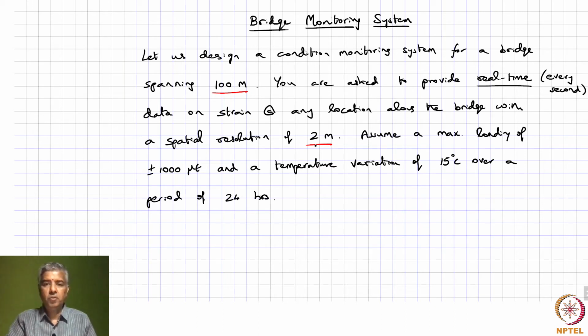You need 50 measurement points across the bridge, and let's say they're all uniformly located, and you need to expect that the strain variation could be plus or minus 1000 microstrain, and we need to also contend with temperature change of 15 degrees centigrade.